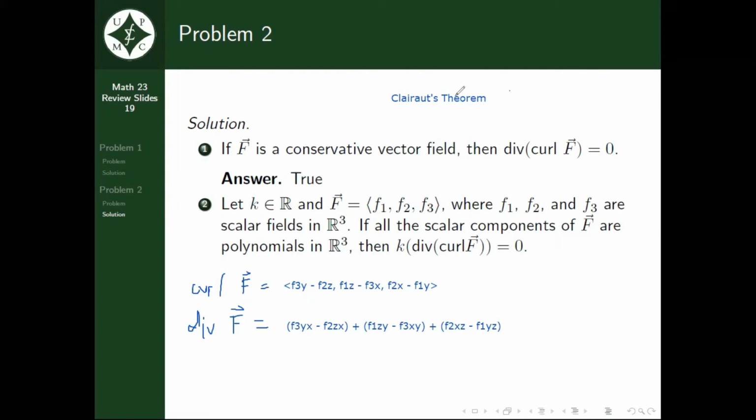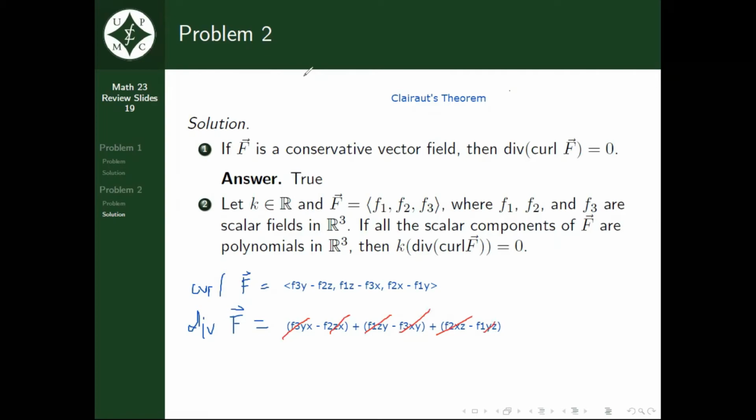So this cancels out. When we simplify, by Clairaut's theorem, we can do this. This, and then this.